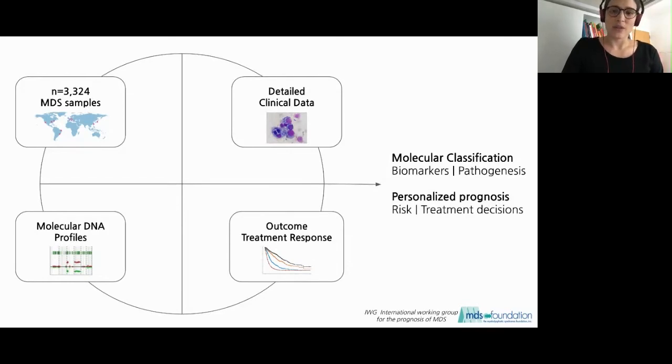And together with integration of the molecular profiles with detailed clinical data, as well as outcomes follow-up and treatment response, we're working towards a molecular classification of the disease with a biomarker definition, and that will inform disease pathogenesis, as well as building prognostic models that are personalized to patients' molecular profiles to provide a more accurate risk estimate per patient and to further guide optimal treatment decisions.